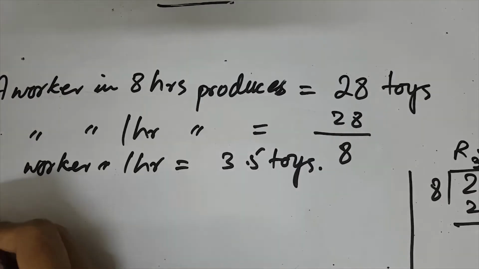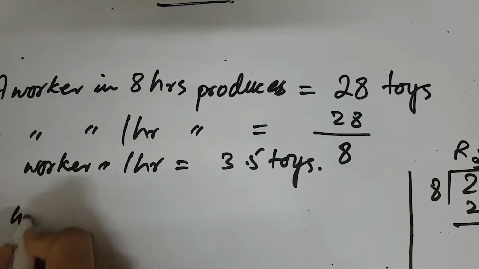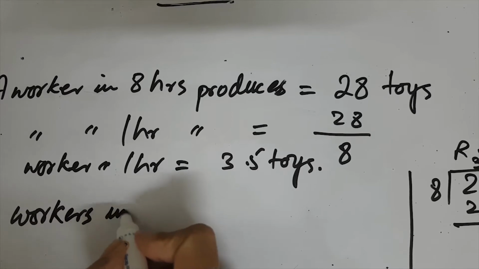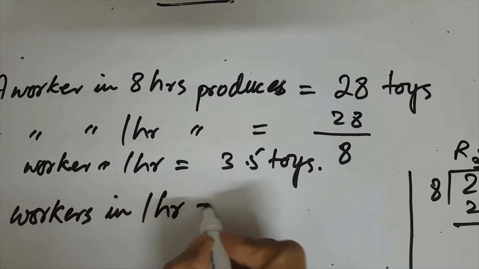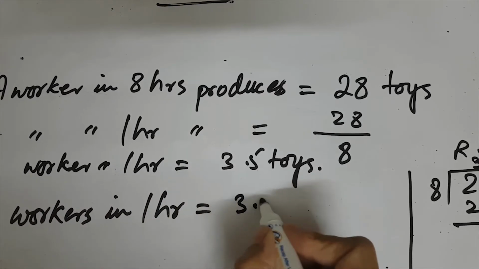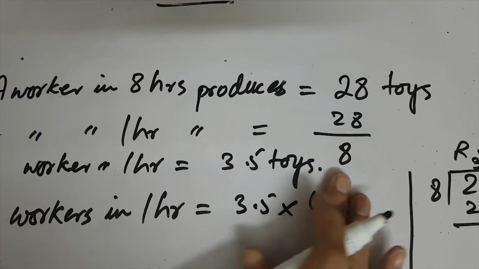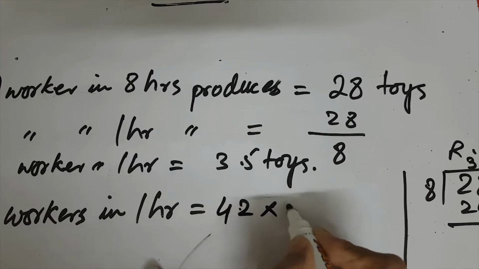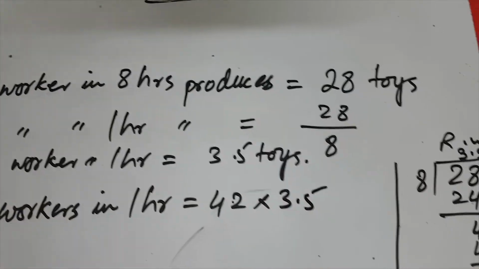So in total, if 42 workers are there, how many toys can they produce in 1 hour? 42 multiplied by 3.5. So do the multiplication in the rough work and get the answer.